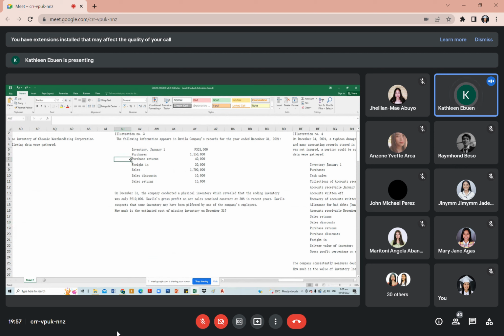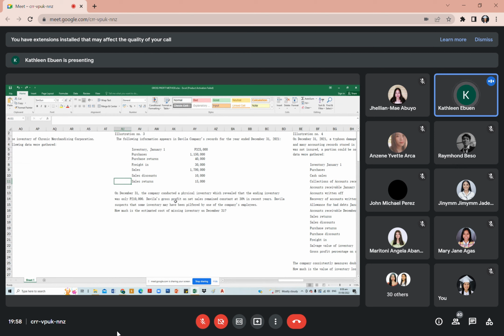Purchase returns, 40,000. We have the freight in 30,000. The sales 1,700,000. Sales discount 10,000, and the sales returns 15,000.